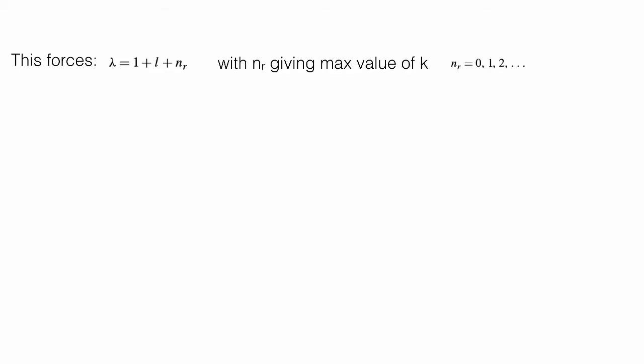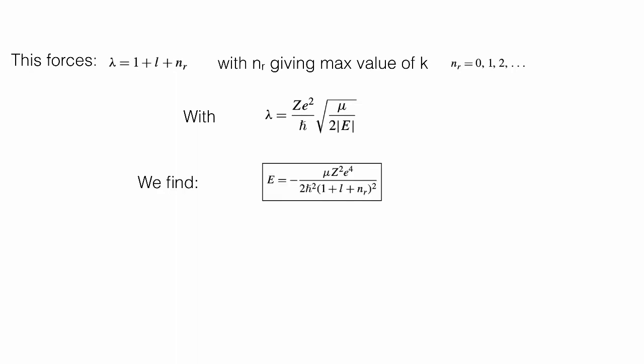Okay, so let's try to think a little bit more about this in terms of quantitative argument now. So lambda is equal to 1 plus l plus n_r. Since lambda is equal to this value that depends on the energy, we find that the energy has to be quantized this way. Some coefficient, which is a constant, times 1 over (1 plus l plus n_r) squared.